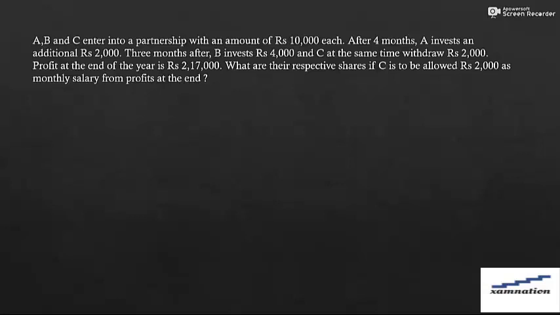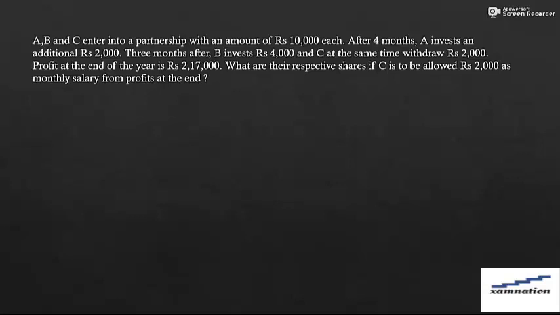So this question is a little similar to the previous one in concept of the addition of partners, withdrawing of money, but an additional point over here is that C is to be allowed rupees 2,000 as monthly salary from the profits. As we all know, profits is calculated after all expenses.